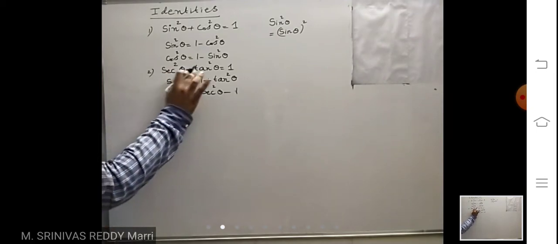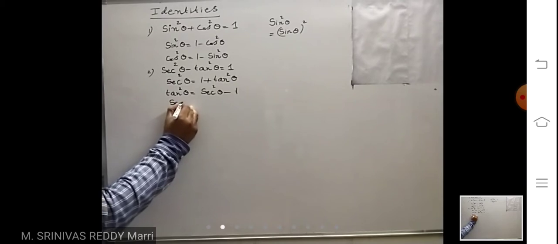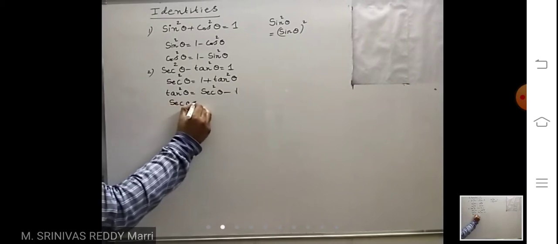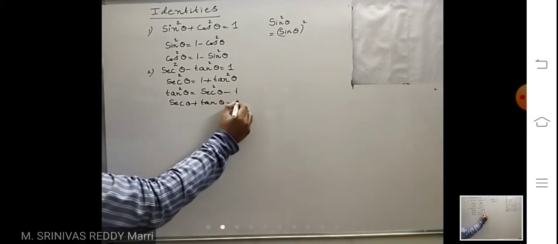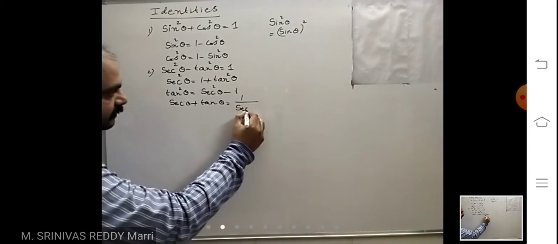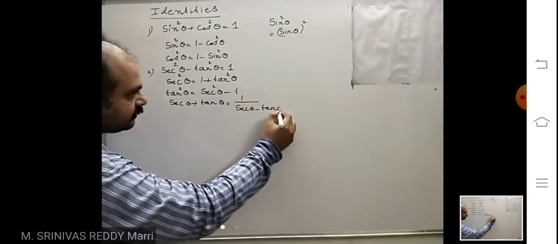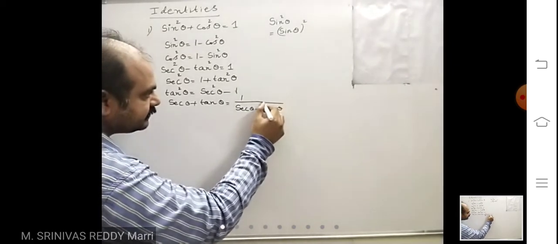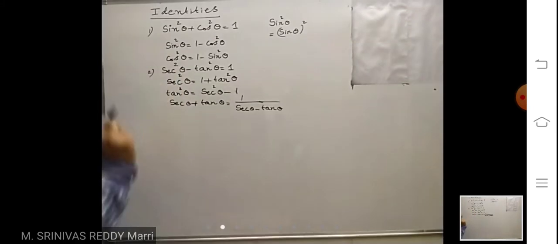Now look at this: secant theta plus tan theta into secant theta minus tan theta. So these are reciprocals of each other. This is a square minus b square, a plus b into a minus b.